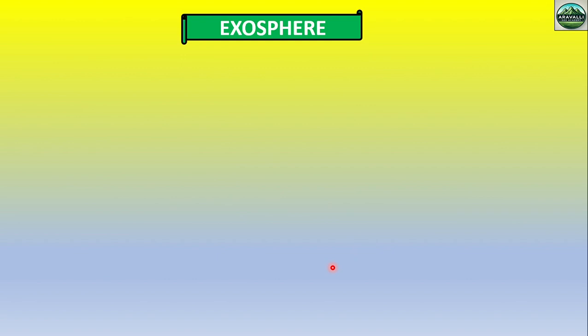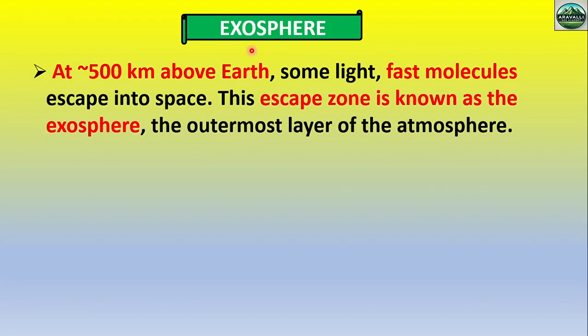Now we discuss the exosphere. The exosphere is the last layer of our atmosphere on the basis of temperature. Around 500 kilometers above Earth, some light, fast molecules escape into space, and this escape zone is known as the exosphere.